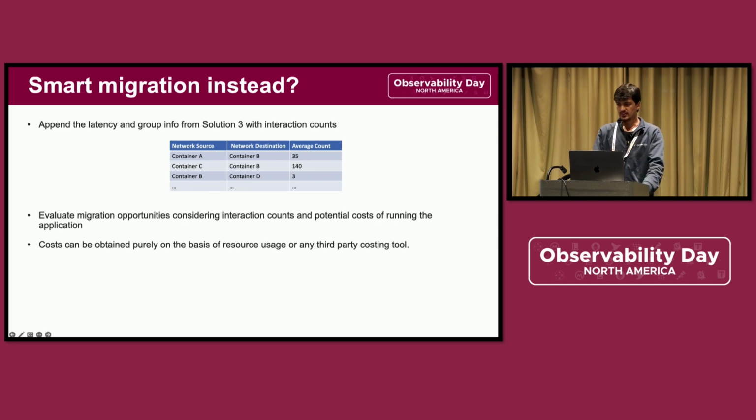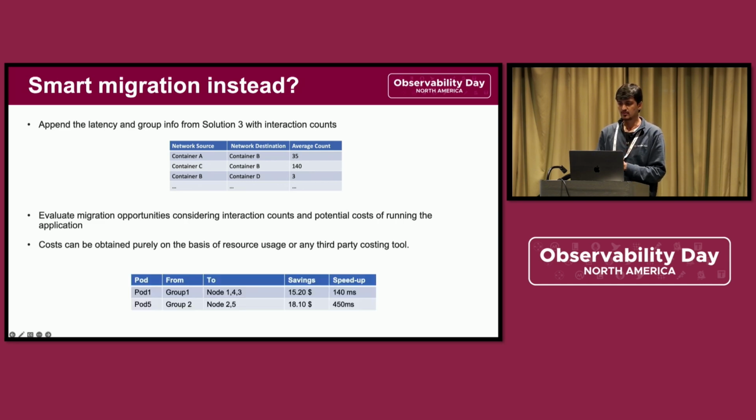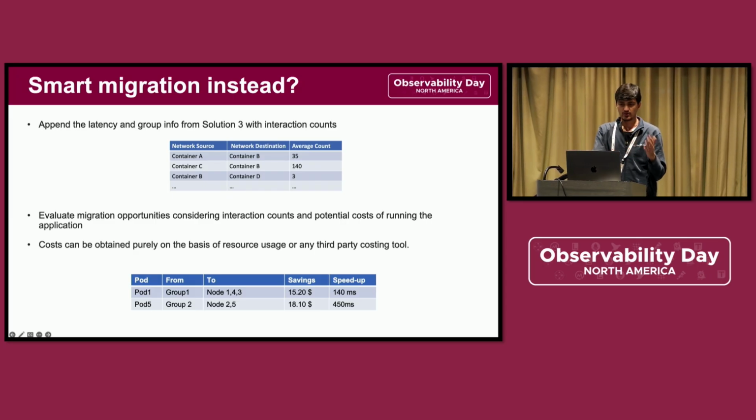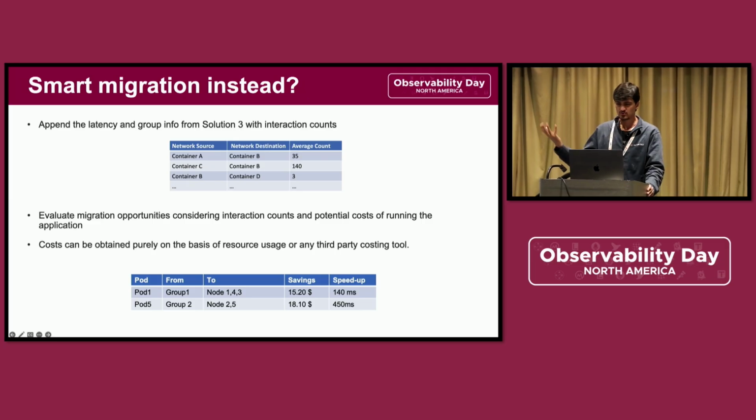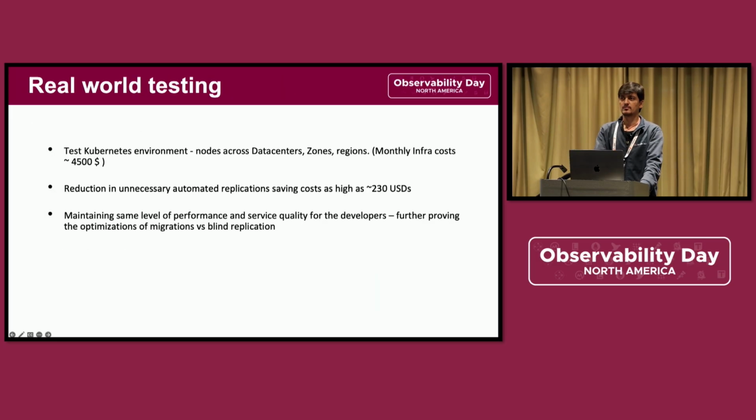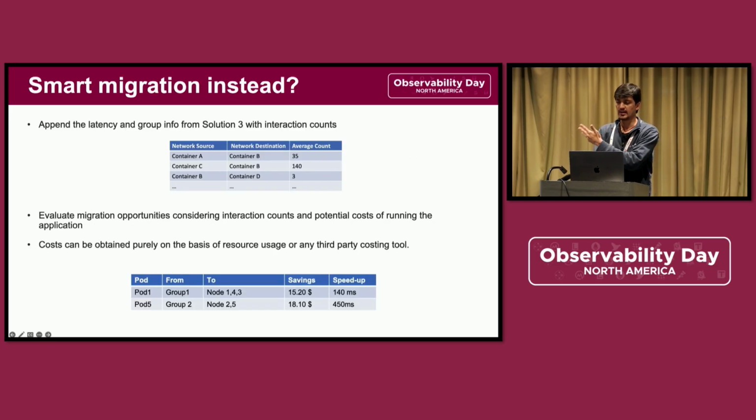And once we have this, we can get some kind of smart recommendation like this, where instead of replicating, you get a recommendation like, maybe migrate from group 1 to one of the 3 nodes you have here. You can save so and so amount of cost, and maybe you'll still speed up your system by a certain amount of time. And of course, this is not just for one span, it's across aggregate or for a particular amount of time. So it helps in aggregate and not just one.